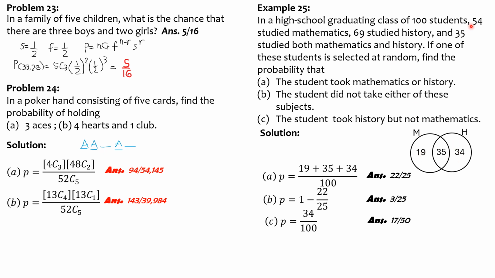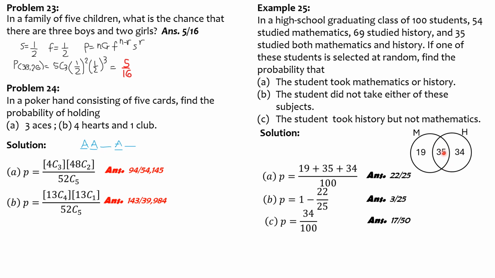Then 54 studied mathematics. 54 minus 35 is 19. 19 exclusive mathematics students.